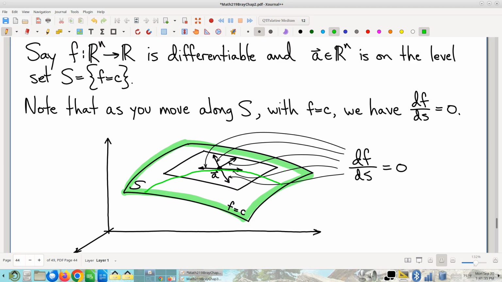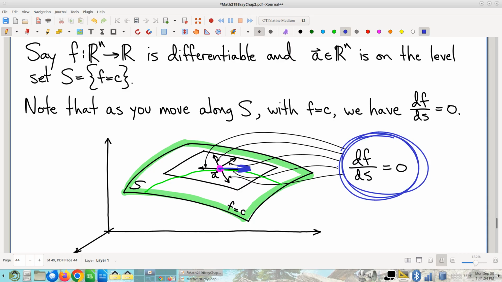So as I am at some point on that curve, and moving with this velocity, that being literally the velocity of the path at that point on that curve, the function's not changing.